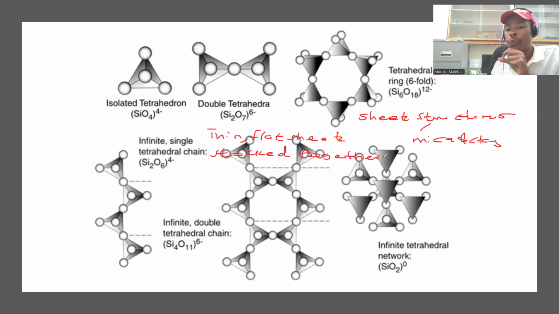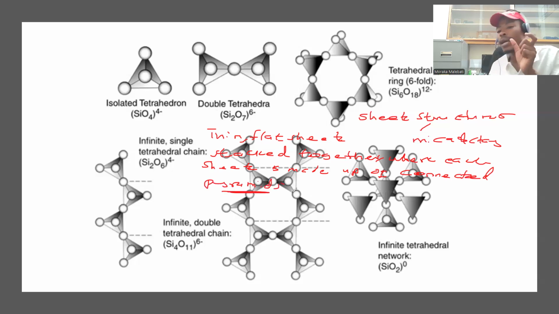But now, each sheet is made up of connected pyramids, or the tetrahedra. Remember, I said that the pyramid is like the tetrahedron.